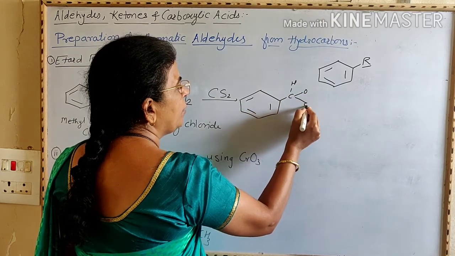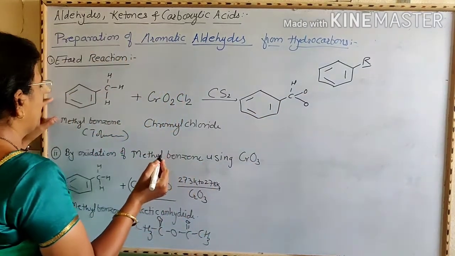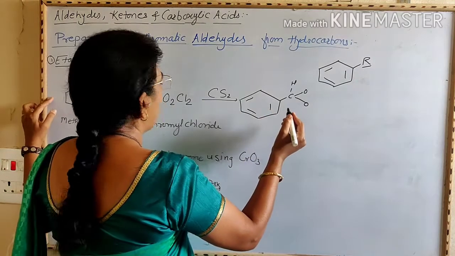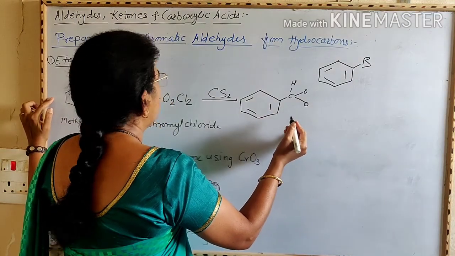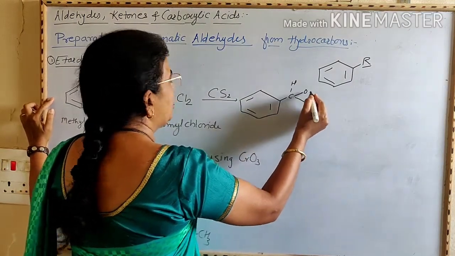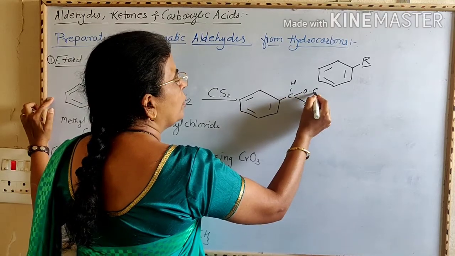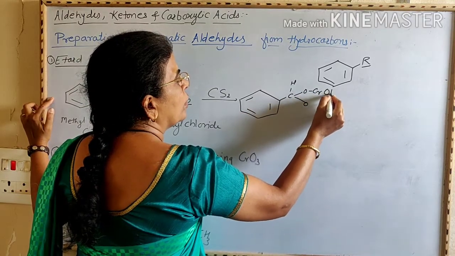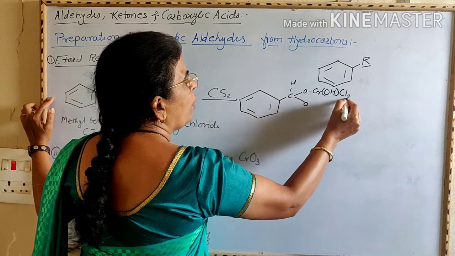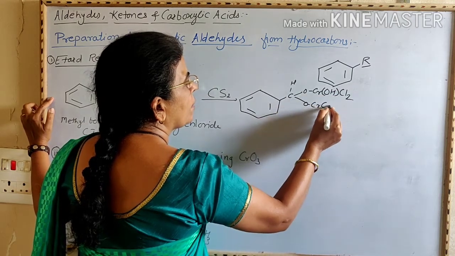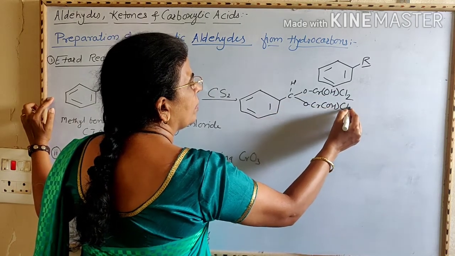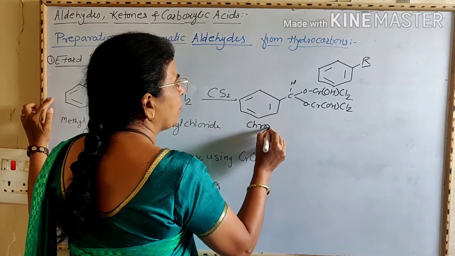Two hydrogen atoms from the methyl group of toluene undergo oxidation to form a chromium complex like this. This is the chromium complex.